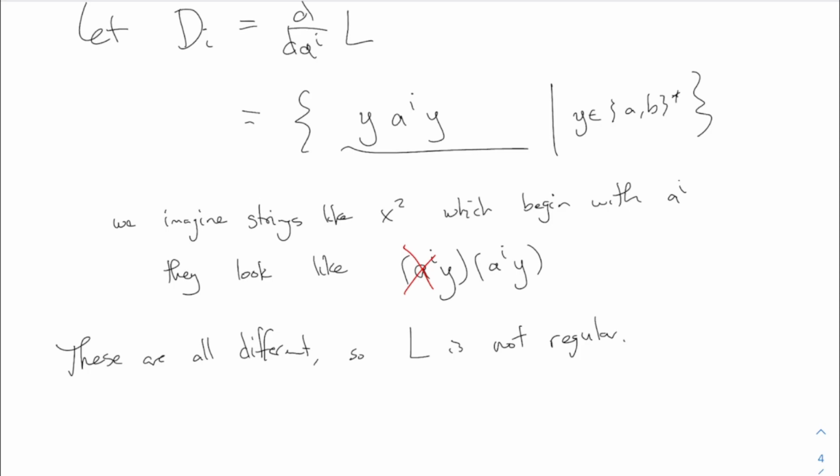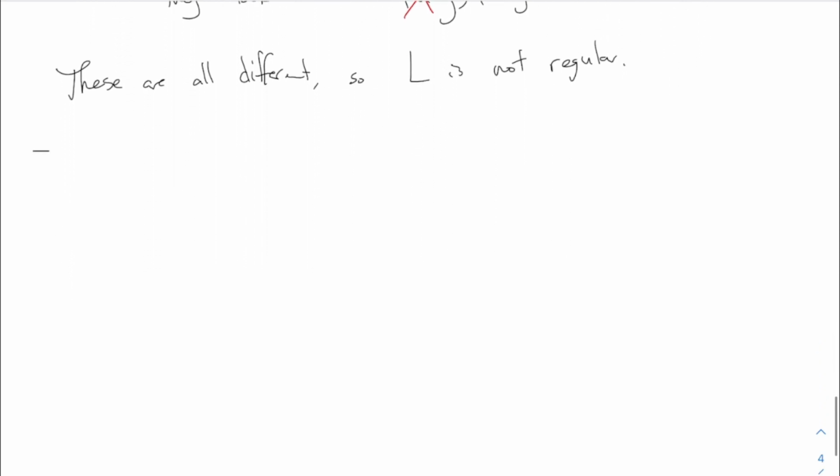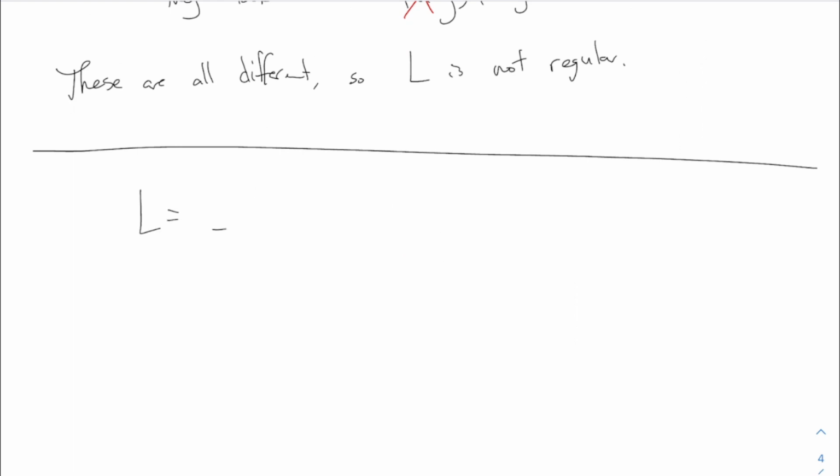I got one more similar, and then I would like for you to try some. How about this? This R here means reverse. X^R means reversed. So you take the string and just write it in the opposite order.